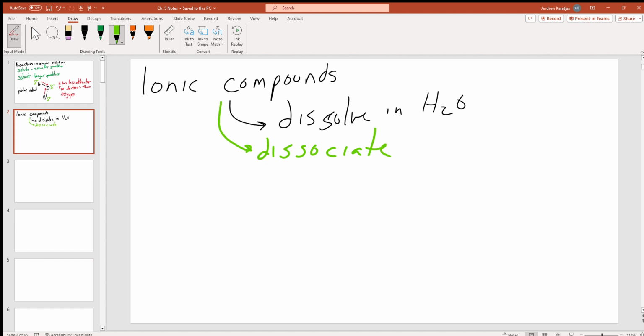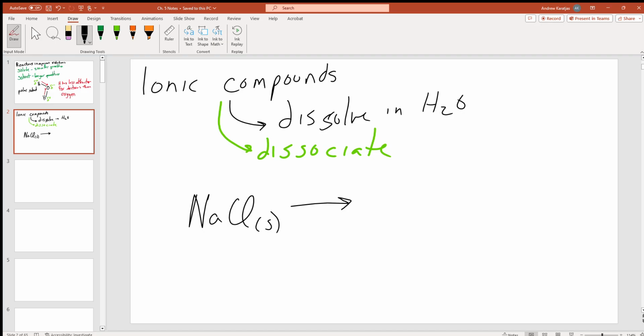Now, what does that mean for something to dissociate? If we took an ionic compound, such as sodium chloride, which is a solid, and we add it to water, very likely you already know that it's going to dissolve.